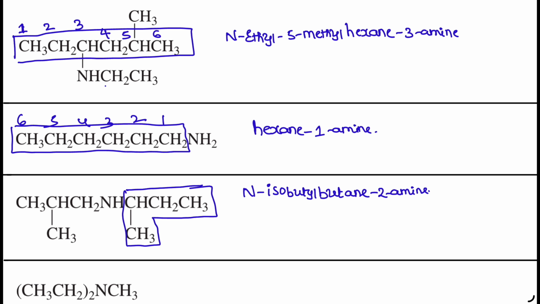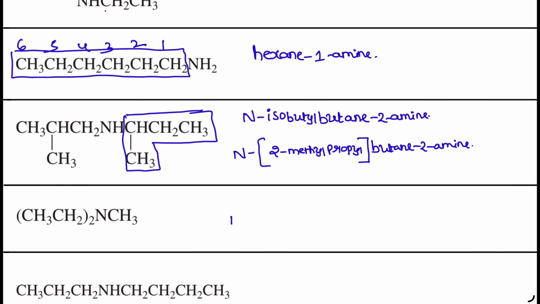If you want to give another name, a complex alkyl group name, if you can recollect, this is 1, 2, 3. So we have to say the complex alkyl group N-(2-methylpropyl). Both are correct because isobutyl was accepted by IUPAC. So butane-2-amine.